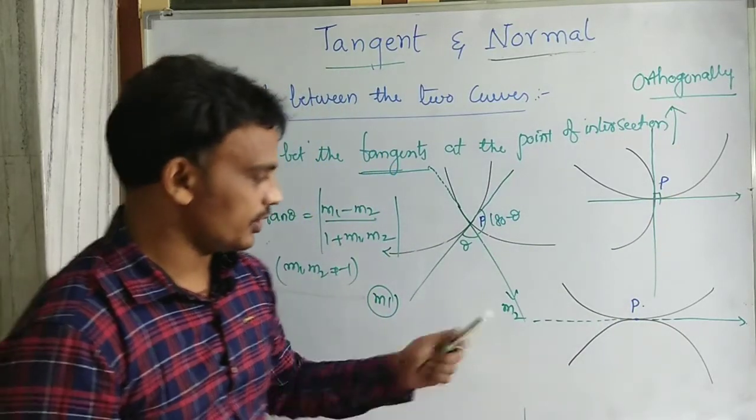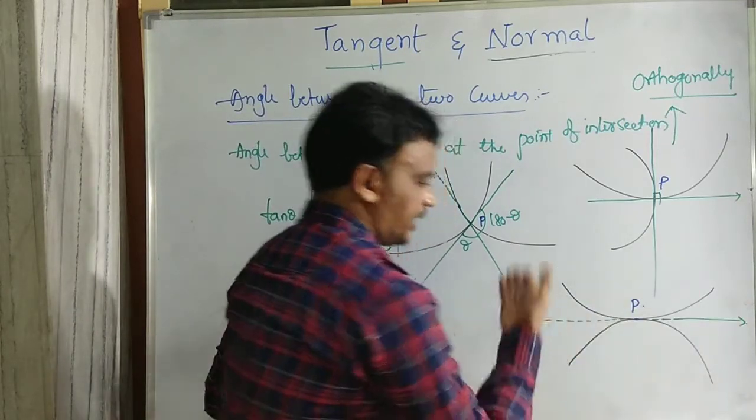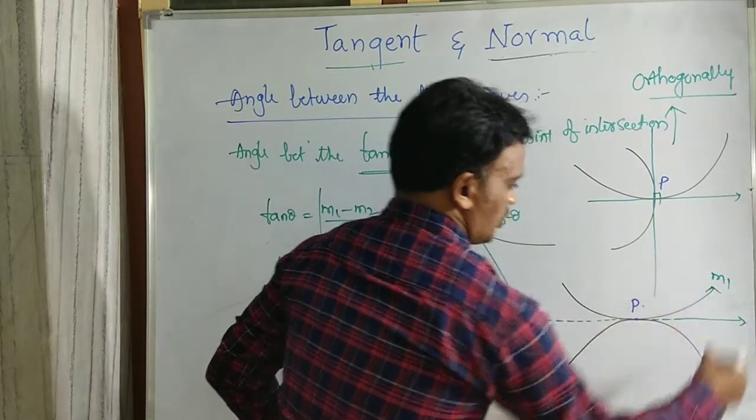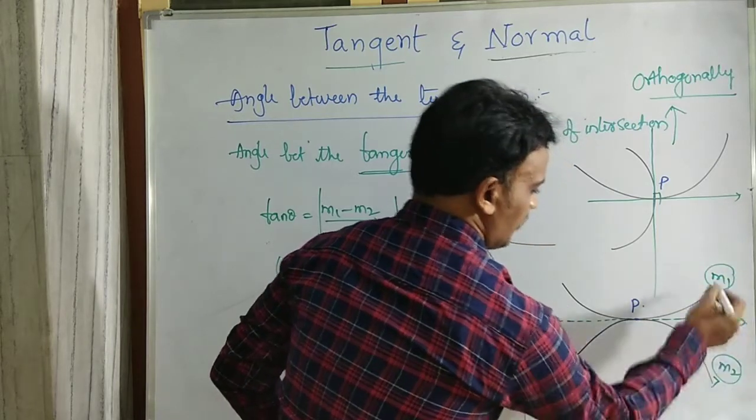And coming to the third case, observe this. There is only one tangent. That means for the first curve we find the slope of the tangent, for the second curve we find the slope of the tangent, and we get them equal.